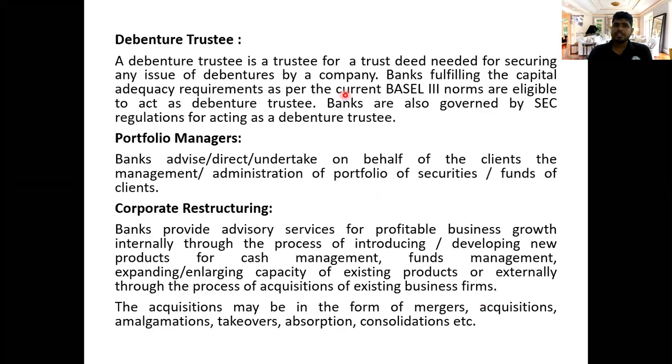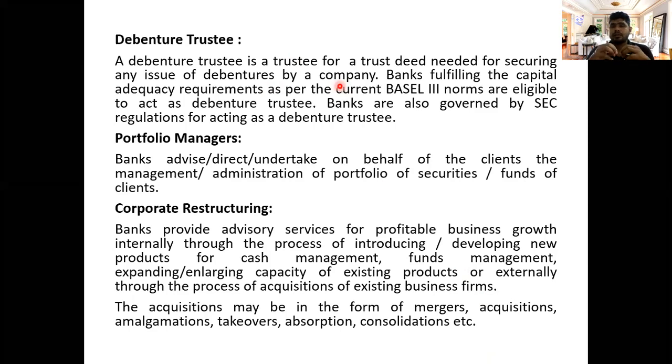And the debenture trustee. When companies issue debentures in the market, they have to provide some security. For providing security, the bank will take responsibility. A debenture trustee is a trustee for a trust deed needed for securing any issue of debentures by a company.